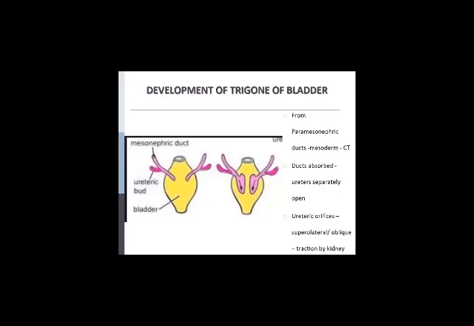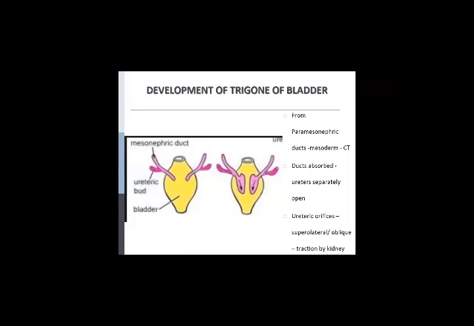This mesonephric duct, you all know, before it enters into the urogenital sinus, gave rise to an outgrowth, which is the ureteric bud. Now, this mesonephric duct is absorbed into the urinary bladder. As the urinary bladder enlarges, it absorbs this mesonephric duct into itself.